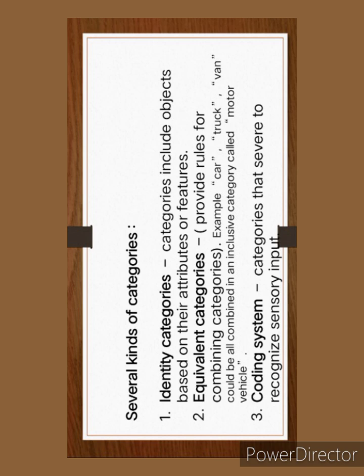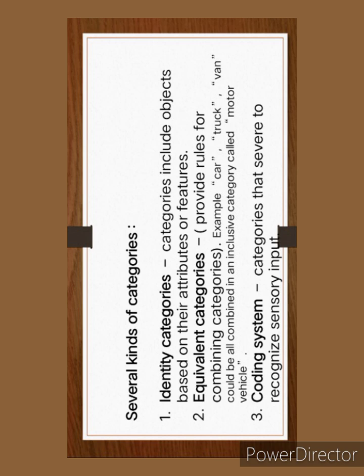In education, this concept can be applied to understanding students' backgrounds and cultural identities to create inclusive learning environments that resonate with their life experiences. Equivalent categories provide rules for combining categories.